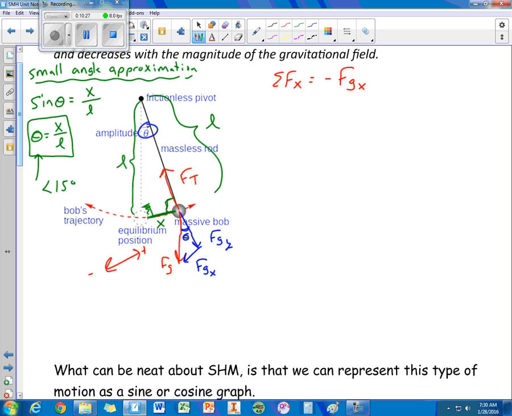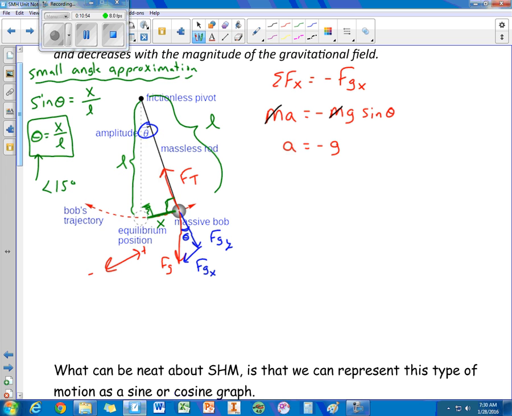This is not in equilibrium, so mass times acceleration equals negative F_G, that's going to be mg, and then to get the x component, I have to use a sine function. So mg sine theta. At this point, notice that masses cancel. So I'm left with acceleration equals negative g sine theta.